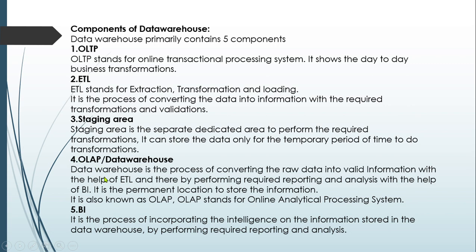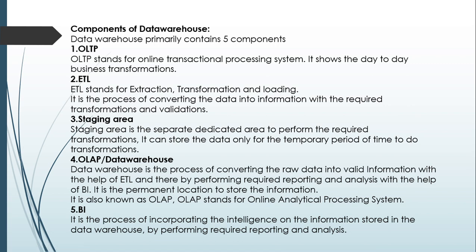OLAP stands for Online Analytical Processing System. Data warehouse is the process of converting the raw data into valid information with the help of ETL, and thereby performing required reporting and analysis with the help of BI. Using BI, we will create meaningful insights and do the analysis and reporting.